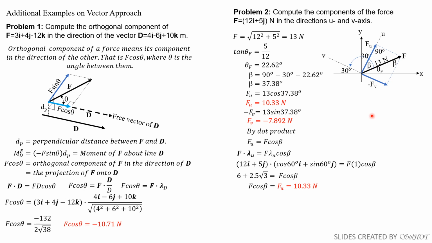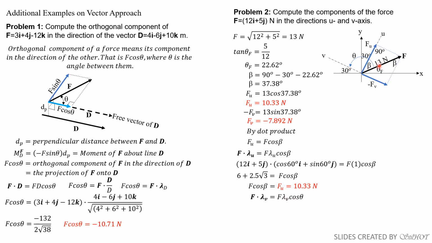So the unit vector of V is cosine 150 degrees I plus sine 150 degrees J. This is the angle between F and V. So F cosine theta is the component of F in the direction of V. So F dot lambda of V is F lambda of V cosine theta. Lambda of V is 1.